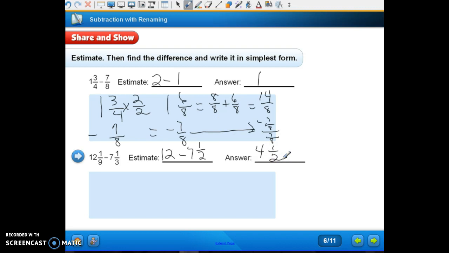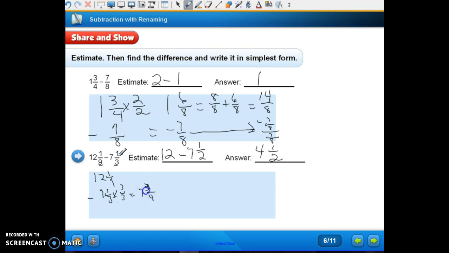12 and 1/9, we have ninths and thirds. What is going to be our common denominator? 9. So I have 12 and 1/9 minus 7 and 1/3. I've got to make those thirds into ninths, so I'm going to have 7 and 3/9.